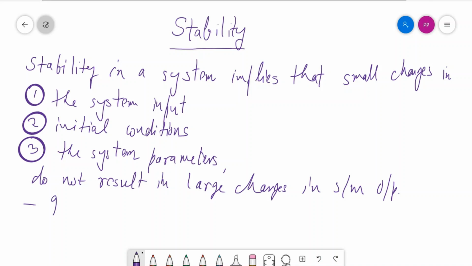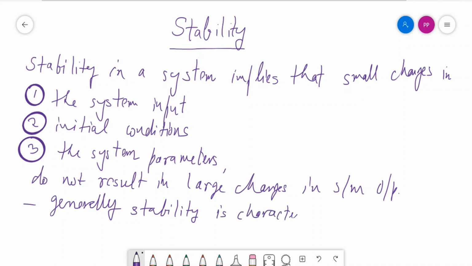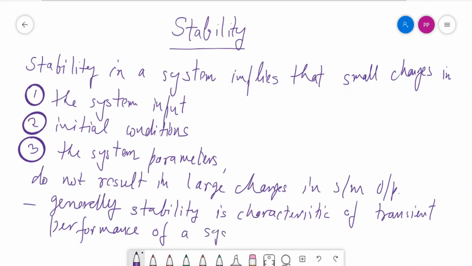So generally stability is a characteristic of transient performance of a system, and we will relate it mostly to the relative stability of the system.